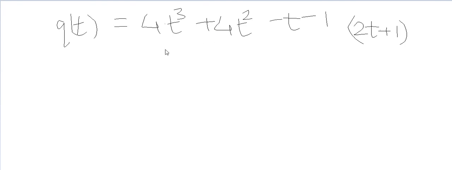So how do we do that? We know that if 2t plus 1 is a multiple of q(t), then when q(t) is divided by 2t plus 1, the remainder should be 0. So we apply the remainder theorem here. We put 2t plus 1 equal to 0. So here our a is minus half.